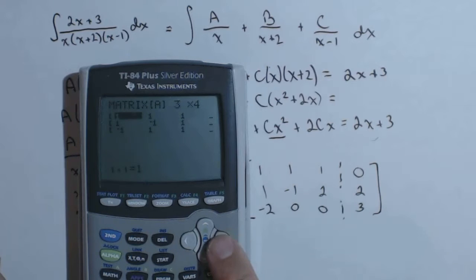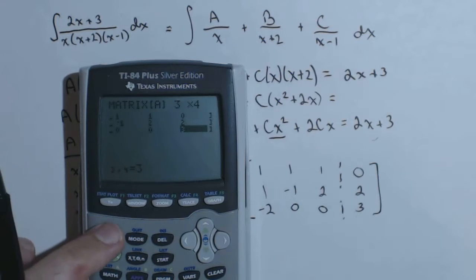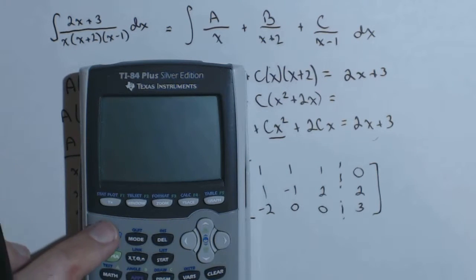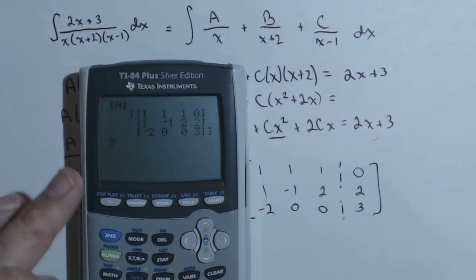So I'm going to put in my lines: 1, 1, 1, 0, 1, negative 1, 2, 2, and negative 2, 0, 0, 3. Okay. Now that matrix is in there. I'm going to quit out, and you can see it if you go to second matrix. If I bring up A, there's my matrix.